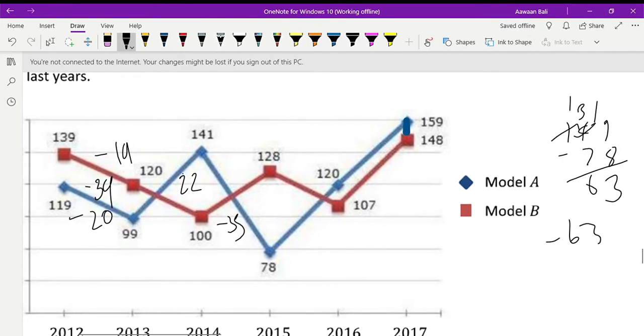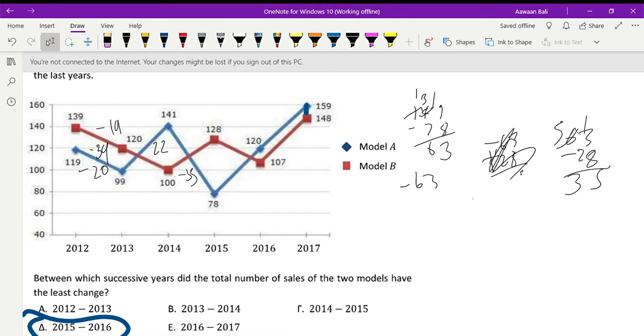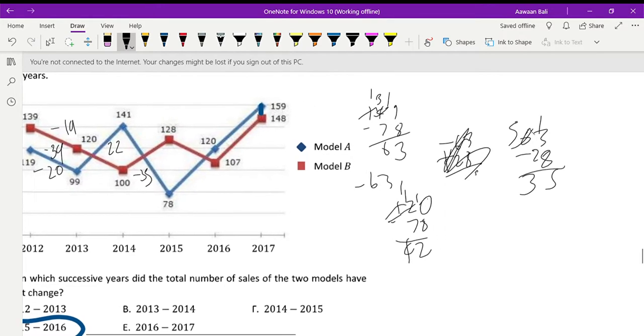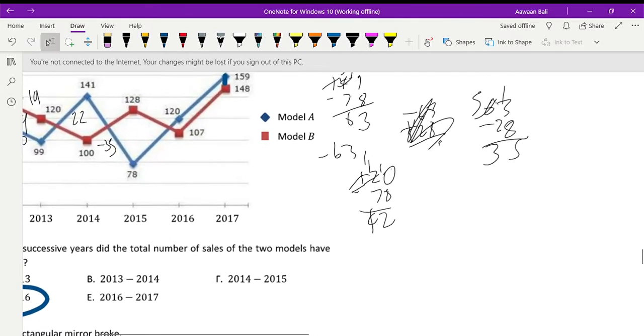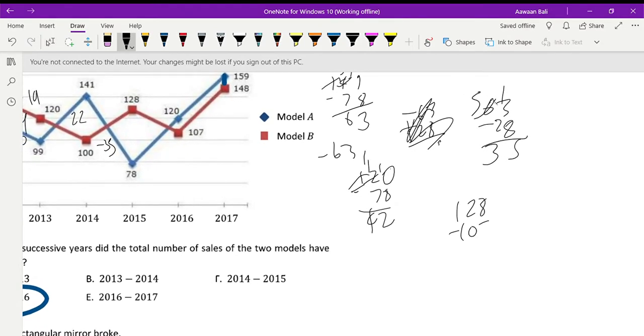For 2015 to 2016, we have a jump of 42, and then 128 minus 107. That's only 21. So 42 minus 21. It's 21.